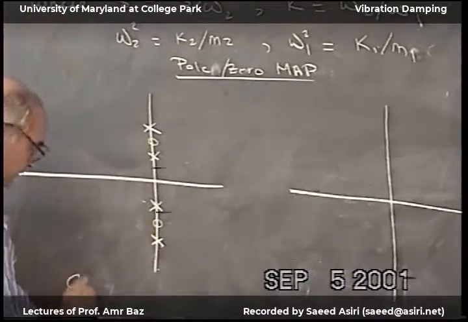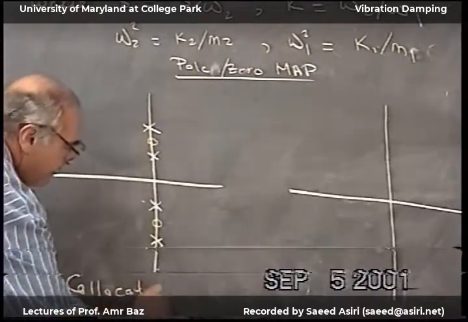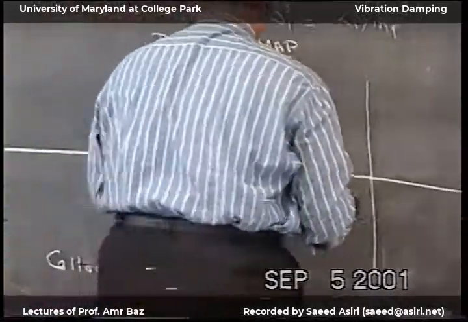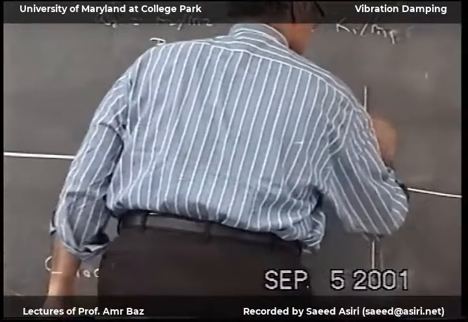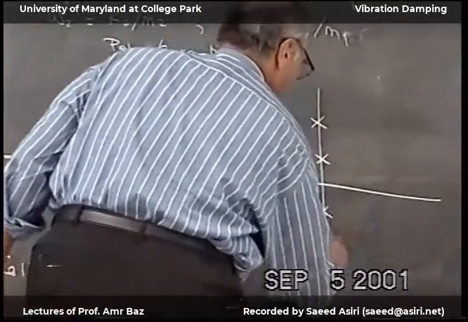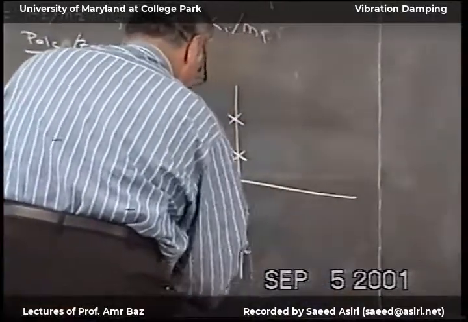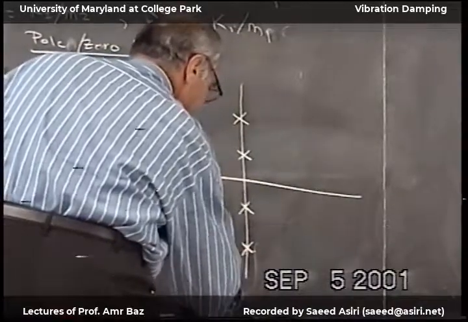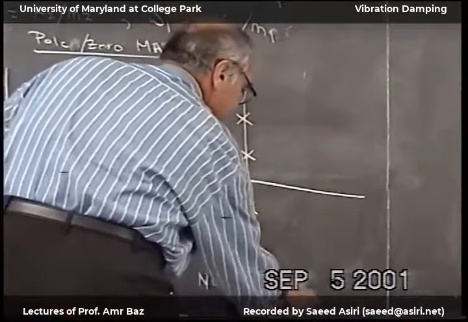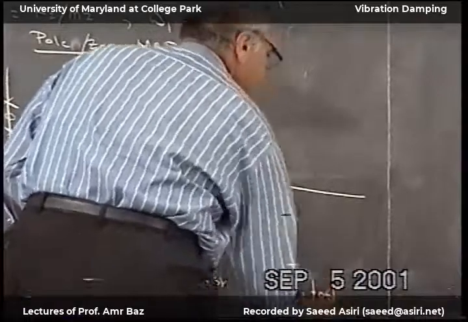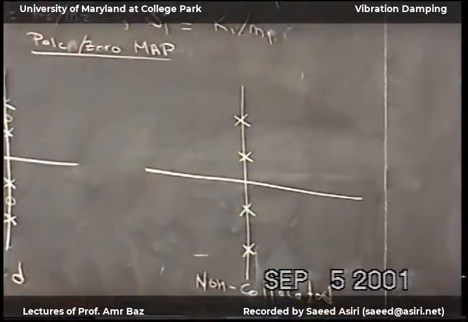This is the collocated. The non-collocated, they have only poles.